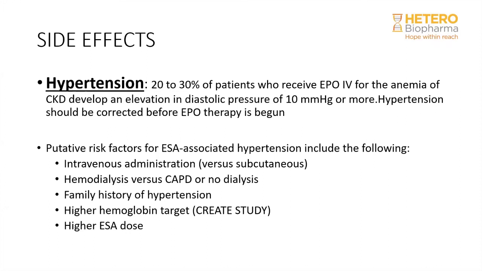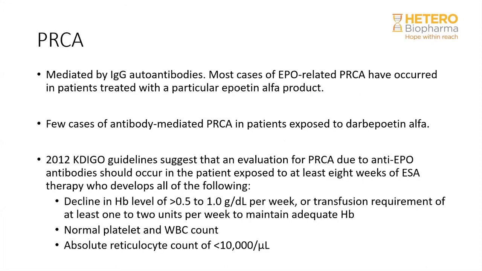Let's come to another interesting topic, which is pure red cell aplasia, which is mainly mediated by IgG autoantibodies. Most often, cases were reported between 1998 and 2002, when Eprex, which was one of the erythropoietin alpha products, had an uncoated rubber plunger, and it interacted with one of the preservatives for the EPO, that is, polysorbate 80 (PS80).